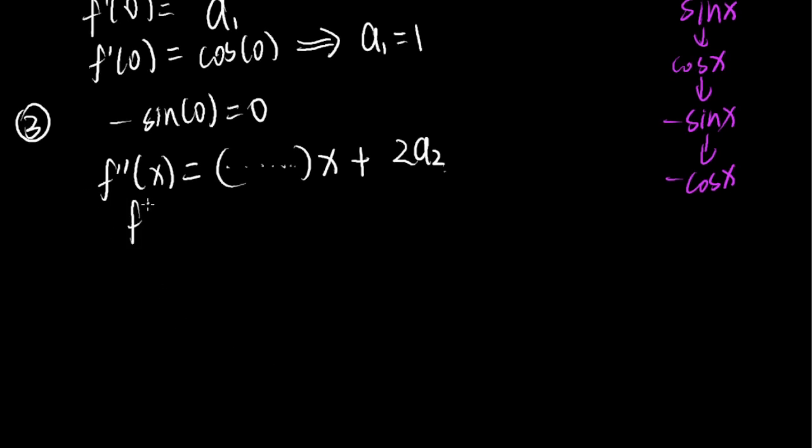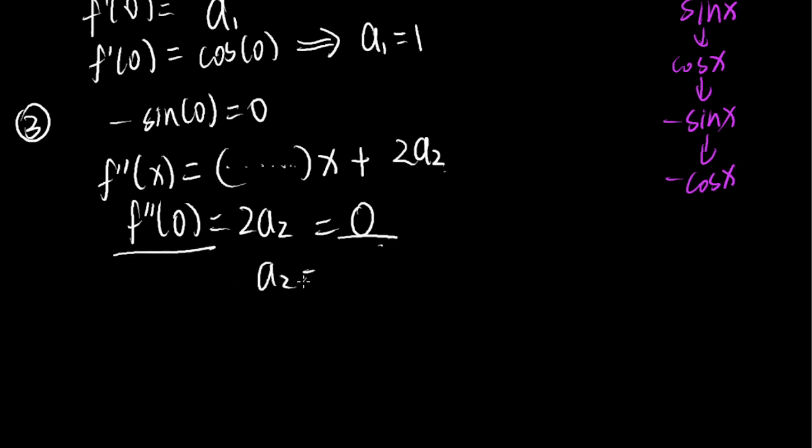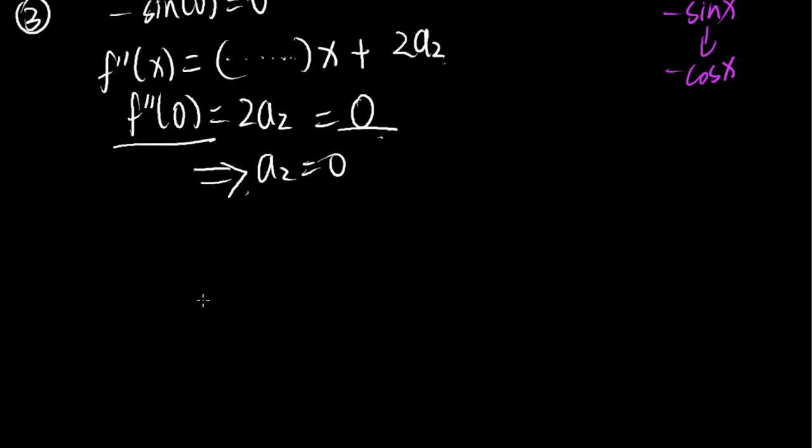If we let x equal 0, we get 2a_2, which should be equal to f''(0), which is 0. So a_2 is 0.